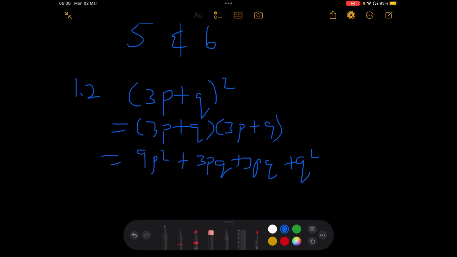Now if you look at the statement, they've given us that 9p squared plus q squared is equal to 12. So let's group them. 9p squared plus q squared, and then if we add these 3pq's, we get 6pq.